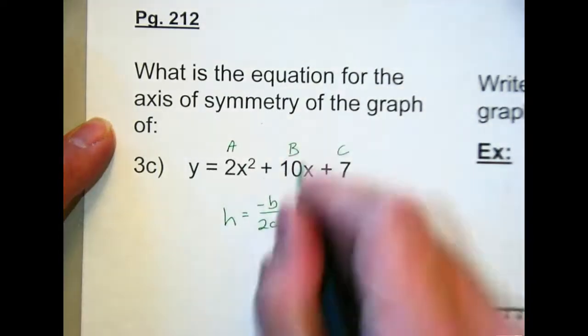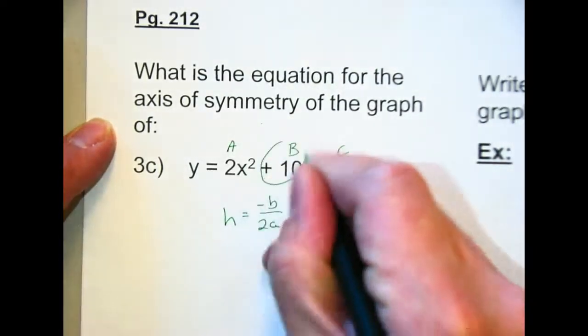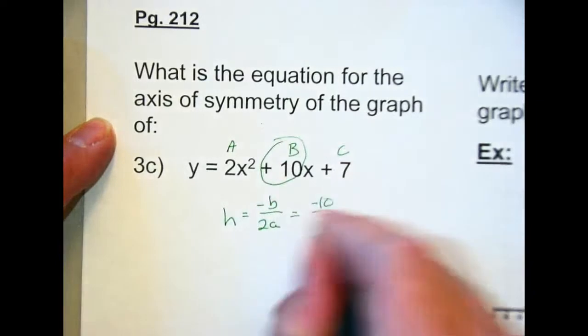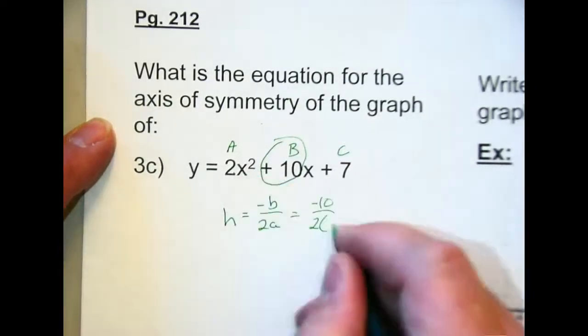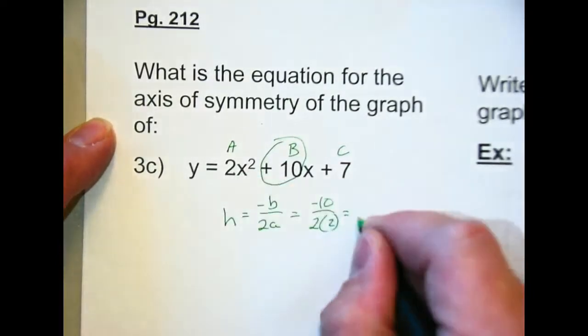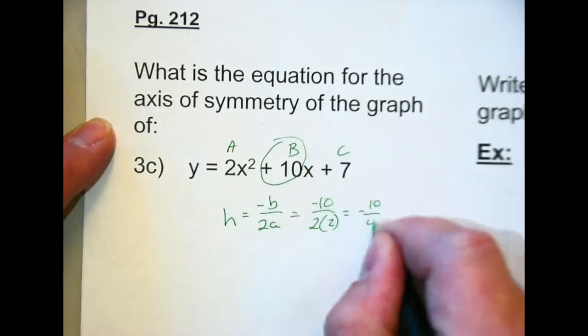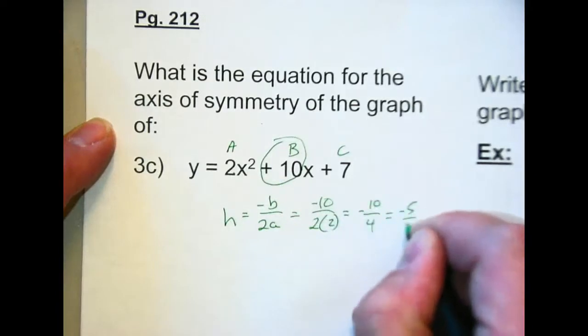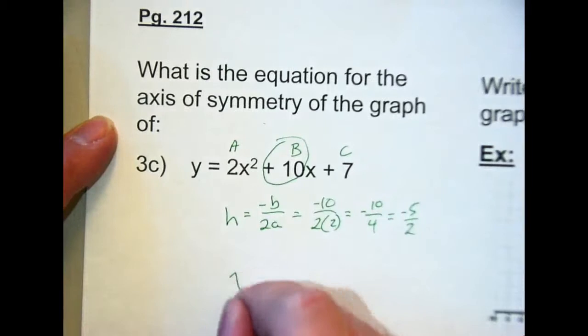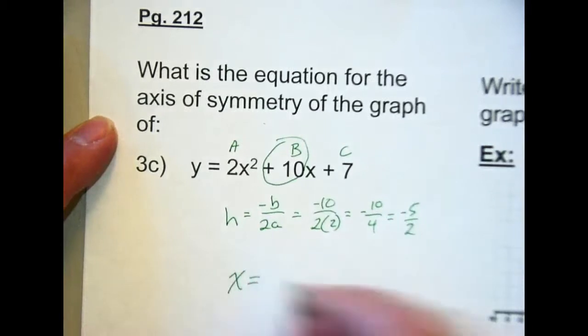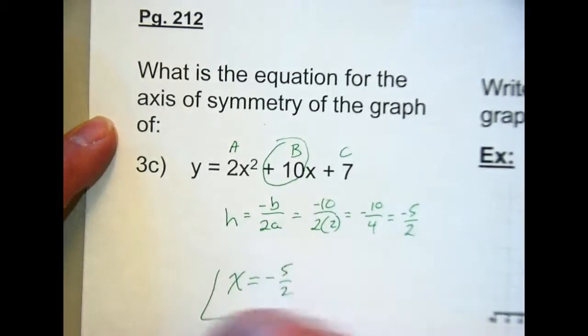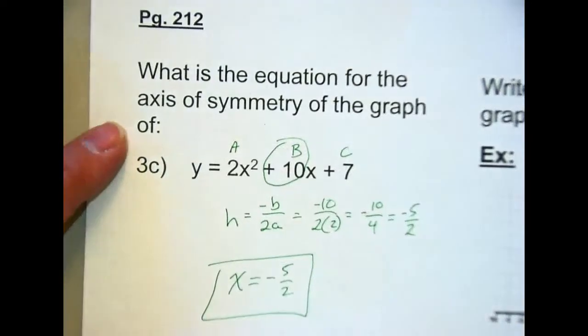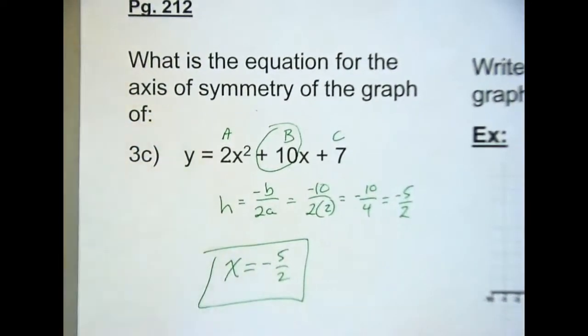In this case, the opposite of 10 is negative 10 over 2 times a, which is 2. So we get negative 10 over 4, which is negative 5 over 2. Make sure you reduce. So the equation for the axis of symmetry is x equals negative 5 halves. Questions on it? How many got it?